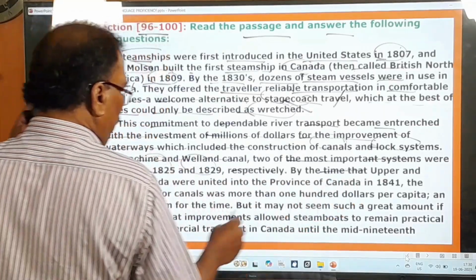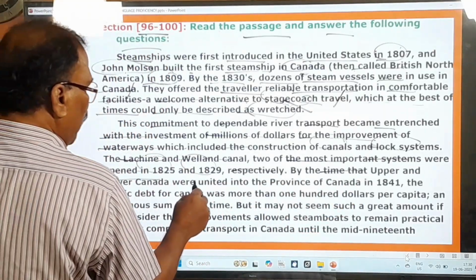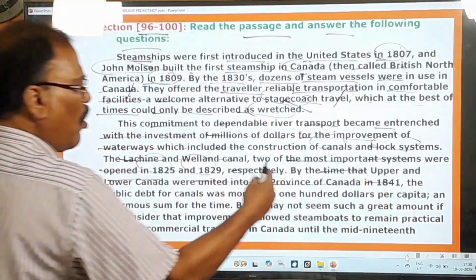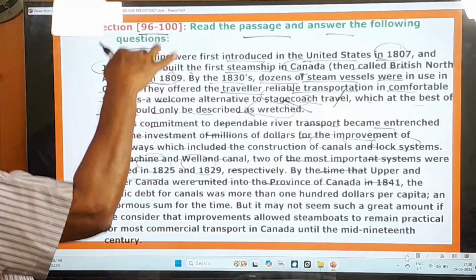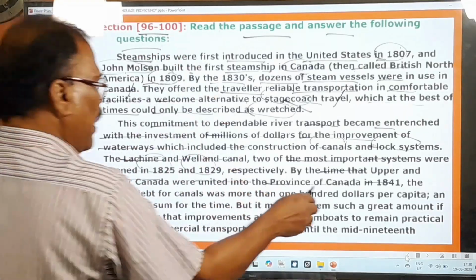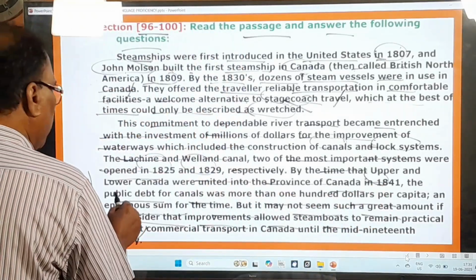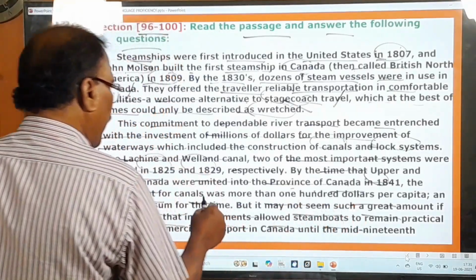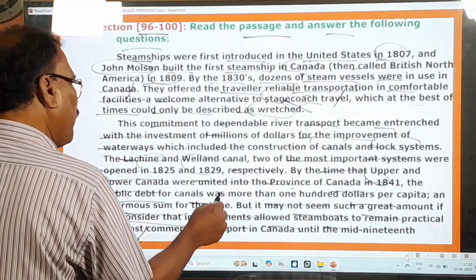By the time that Upper and Lower Canada were united into the province of Canada in 1841. So this is all information. Upper Canada and Lower Canada were united into the province of Canada in those days in 1841. Okay, here public debt for canals was also more than $100 per capita. That was an enormous sum for the time.